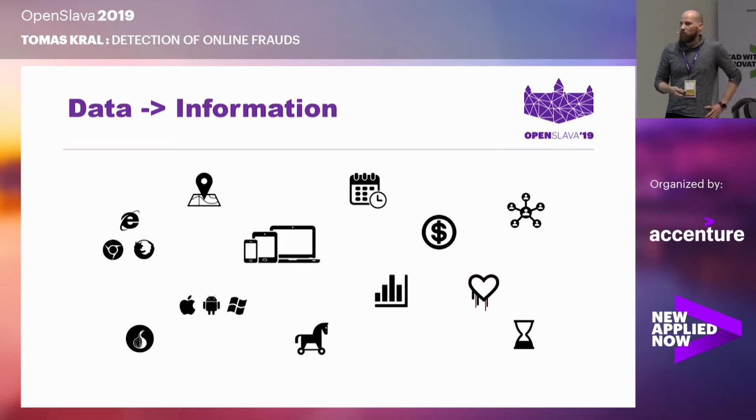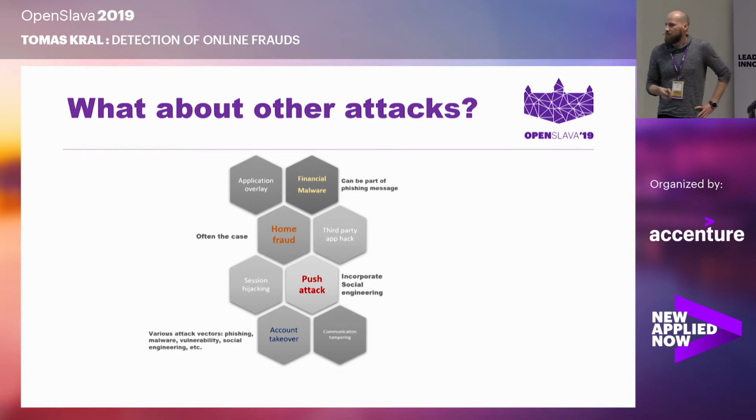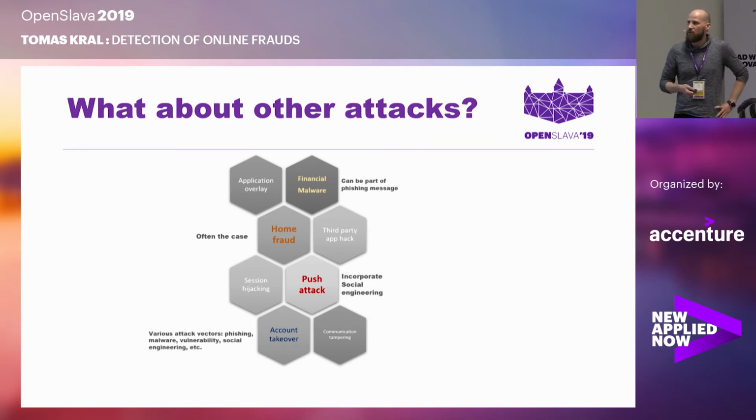So anomaly detection usually helps us with attacks like account takeover, but there are many more attacks on clients we have to fight. For example, home frauds. This is a really hard task because usually in home frauds, family members make transactions. They are in the same location, on the same PC, but they stole the credentials from members of their family.